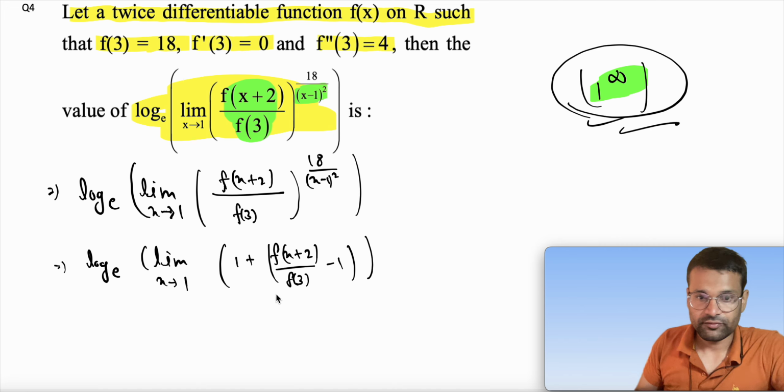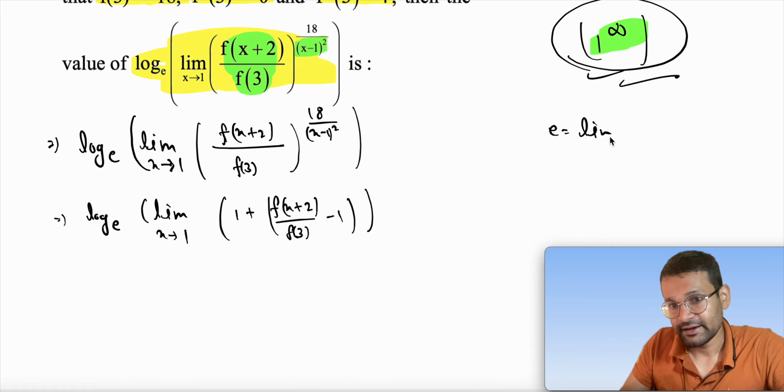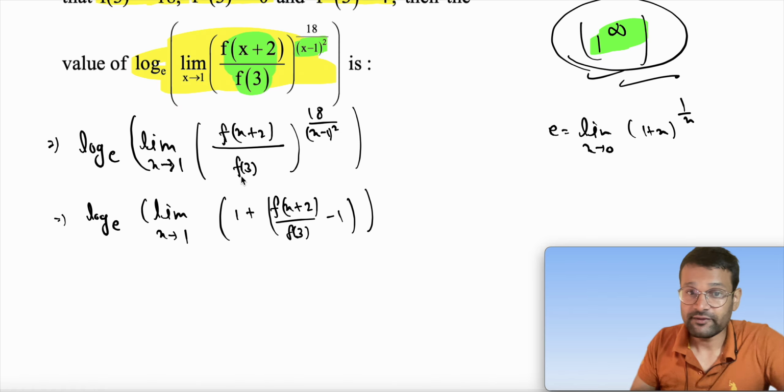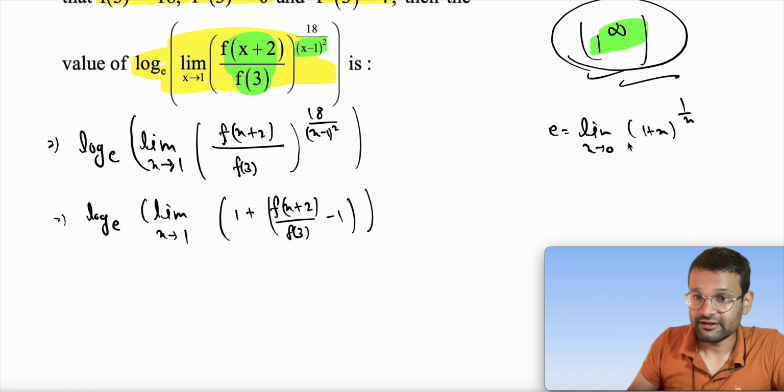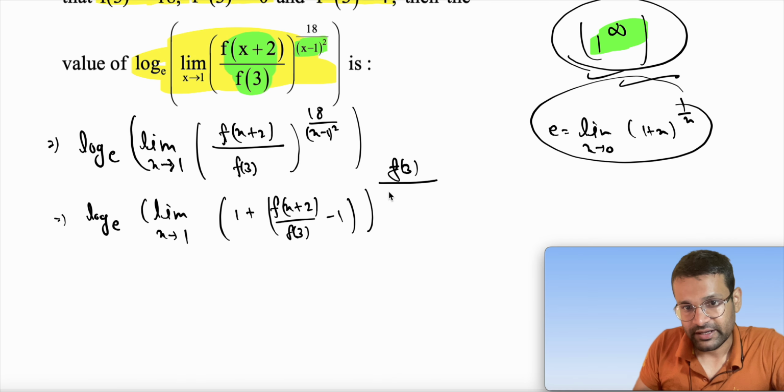Now we solve it, and you also know that e can be written as limit x tends to 0 of (1 plus x) to the power 1 by x. So we try to convert this limit into this form. For converting, f(3) by f(x) plus 2 minus f(3).